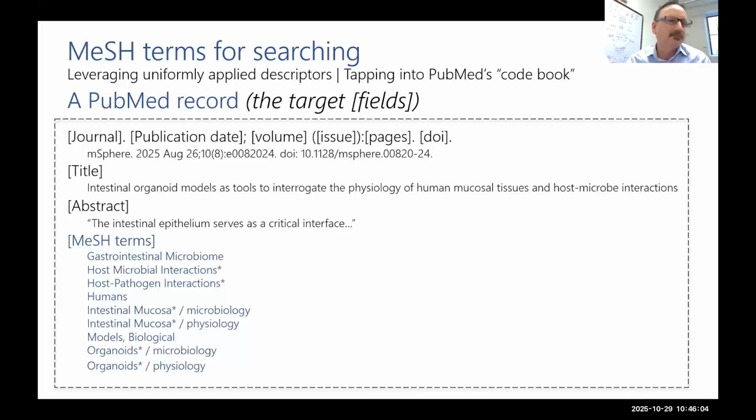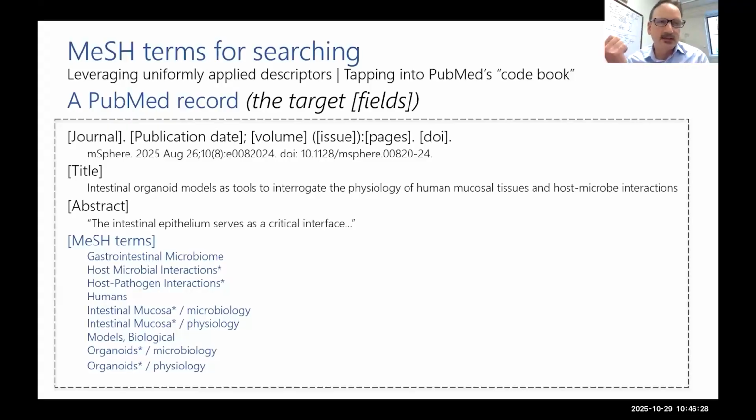So that's 10 to 20 of these MeSH terms that summarize what the paper's about. So we're going to be targeting our search to those parts of the PubMed record that are most important in summarizing what the content is about.